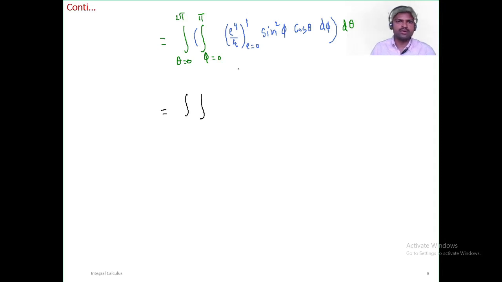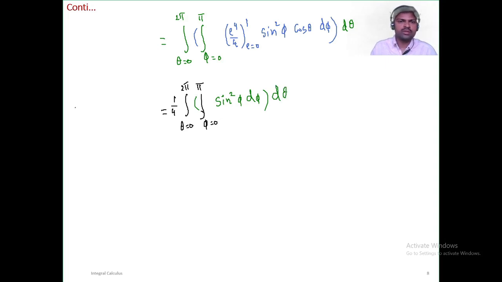Next one, double integration. When the integral is evaluated, this is 1 by 4, so I'm writing 1 by 4 completely outside. Theta varying from 0 to 2 pi, and phi limits from 0 to 180 degrees. Sine square phi should be our variable, because with respect to phi we are going to evaluate sine square phi d phi, and after that with respect to theta d theta.